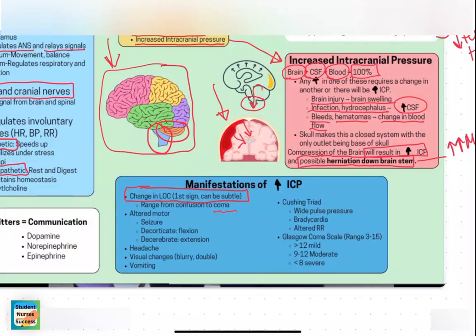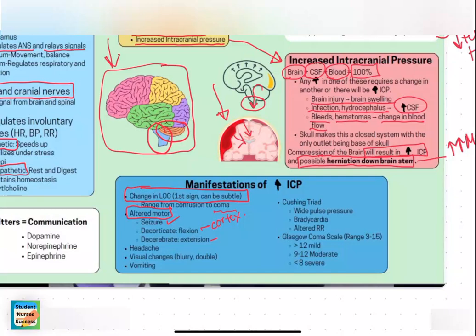The next thing you're going to see is altered motor. You may see seizures, or you can see posturing. Decorticate posturing, which is flexion, where everything kind of draws in, or decerebrate posturing, where there's extension of the arms and legs. Now, decorticate posturing is really showing damage to the cortex.